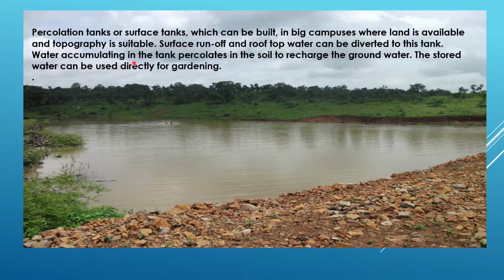Water accumulating in the tank percolates into the soil, as there is no concretized material, so the water generally gets infiltrated through the pervious rocks to the groundwater level and reaches the groundwater. The stored water can then be used directly for gardening or agriculture if it is big enough.